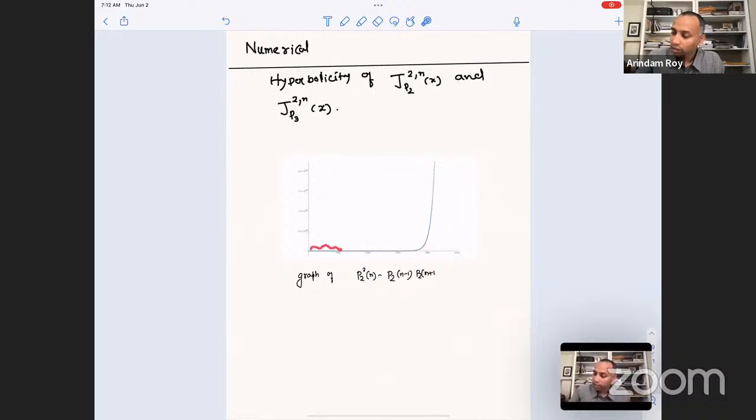Initially it was a little bit oscillating, and then from some point close to 1000, it is just nicely increasing and looks like it's going to infinity super fast. So at that point we started feeling, okay, it is log-concave, or this polynomial is hyperbolic.